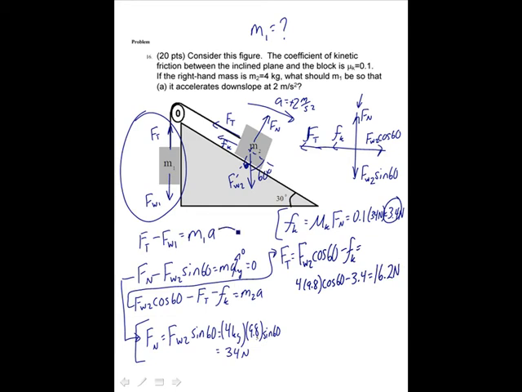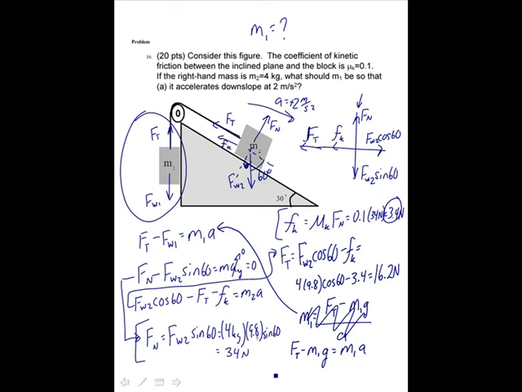I can come back to this equation, which has my m1 in it, and so I solve it for m1. Oh, actually, let's see, I messed up here. Let's just come back here. I have Ft minus m1 times g equals m1 times a.